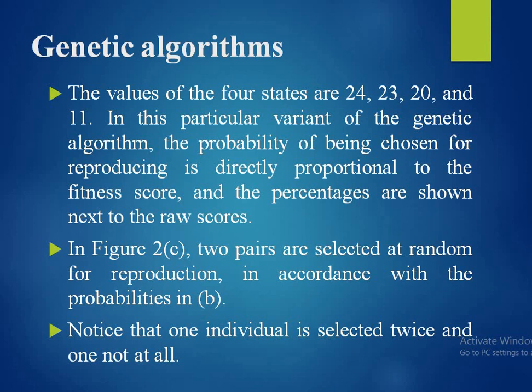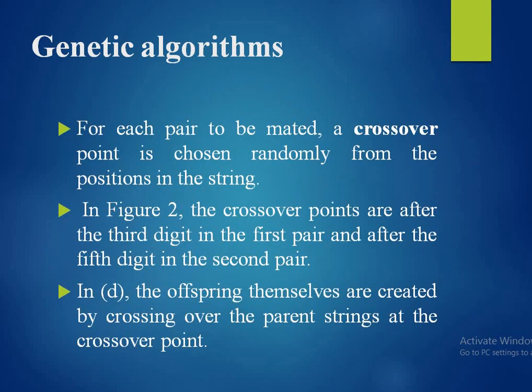In figure 2c, 2 pairs are selected at random for reproduction in accordance with the probabilities in B. Now notice here that one individual is selected twice and one not at all. For each pair to be mated, a crossover point is chosen randomly from the positions in the string.